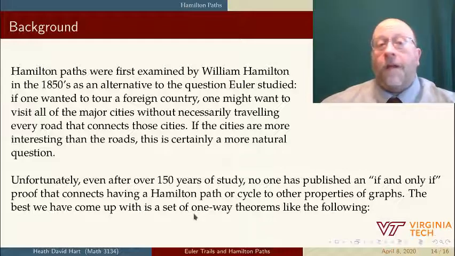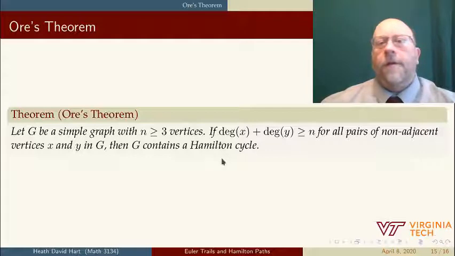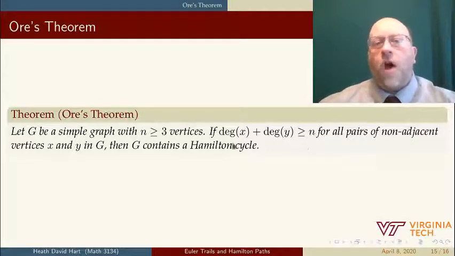We have a set of one-way theorems like this one. This is Ore's theorem. It says if we have a simple graph with at least three vertices, and for every pair of non-adjacent vertices, the total degree of those two vertices is at least equal to the total number of vertices, then we're guaranteed that G contains a Hamilton cycle.